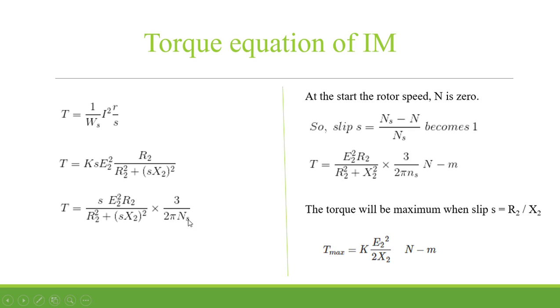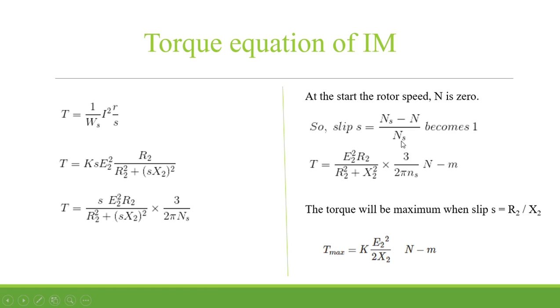Now, what is happening at the starting? The rotor is at standstill, the rotor speed is 0 at starting. The relative motion between the stator flux and rotor is ns.